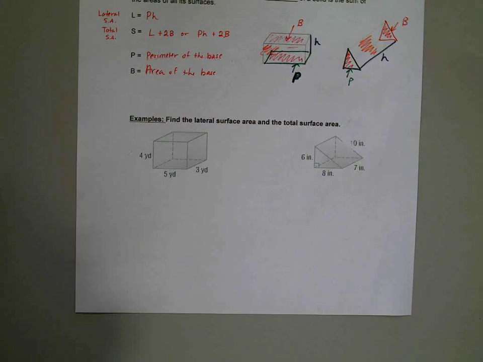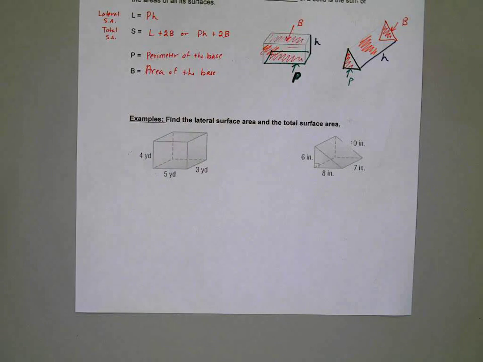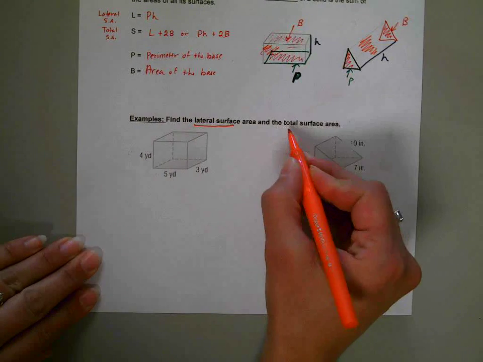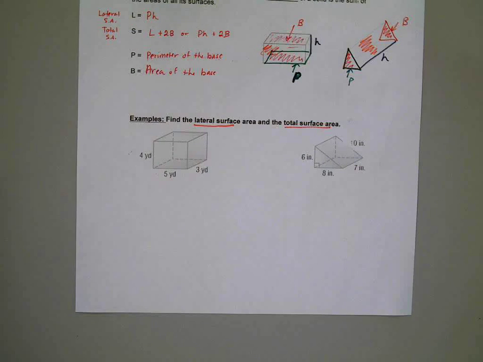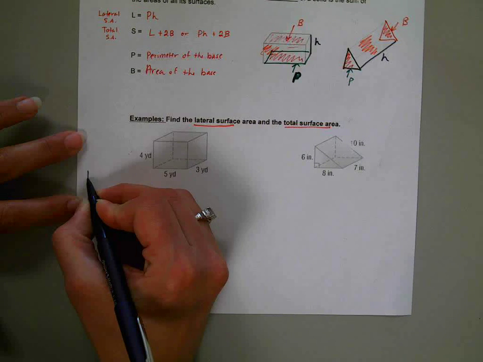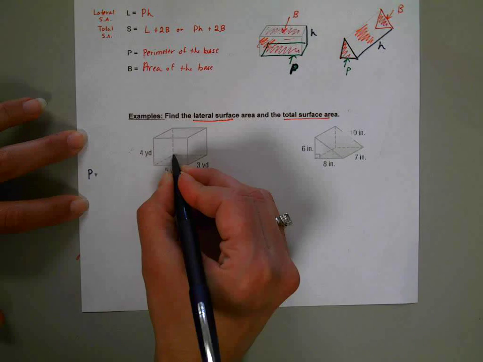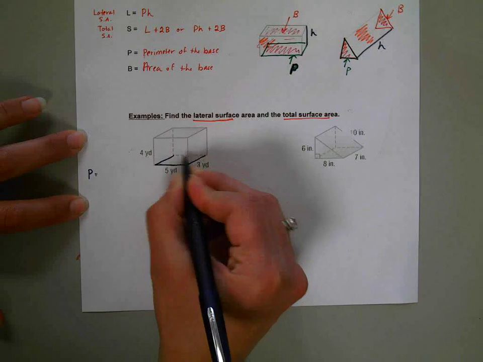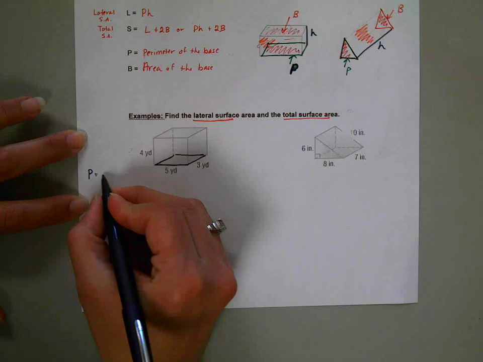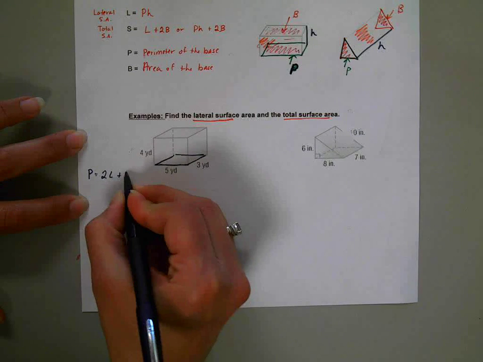Okay, so now that you know what each part is, let's look at how to work these problems. Let's look at this first one. It wants us to find the lateral surface area and the total surface area. When I'm finding the lateral surface area, I need to find the perimeter first, and since I'm going to find the total surface area, I have to find the area of the base as well. So I'm going to start with big P. My base is a rectangle, so I'm going to do 2 times the length plus 2 times the width.